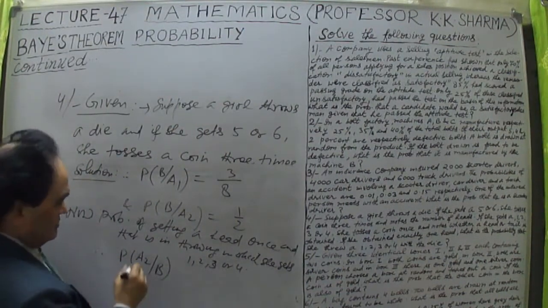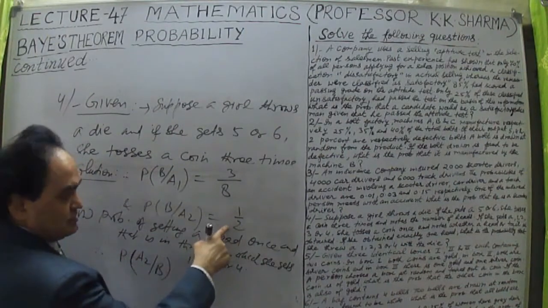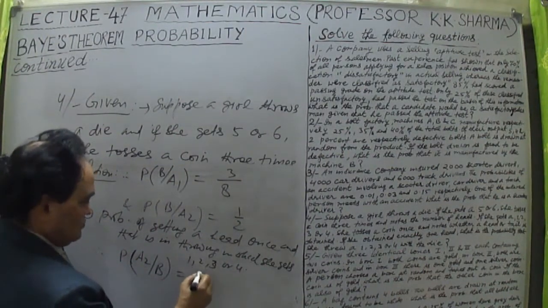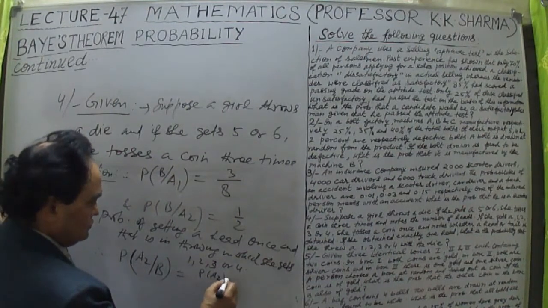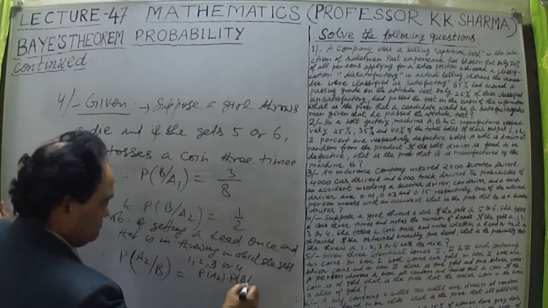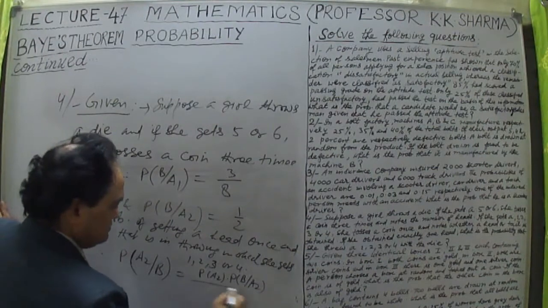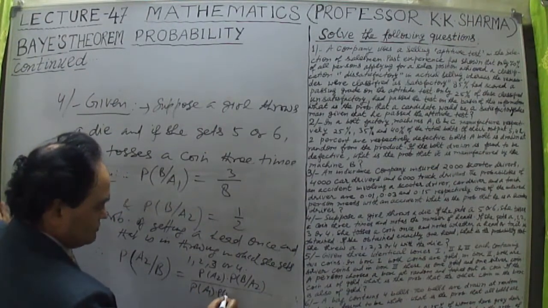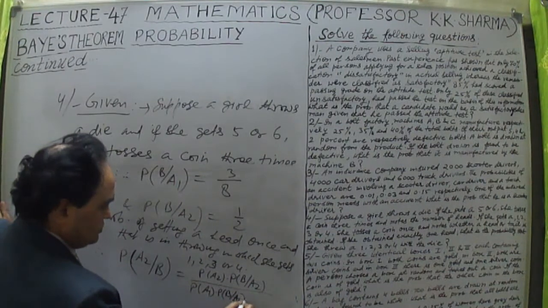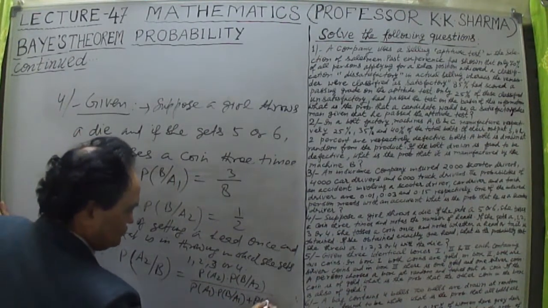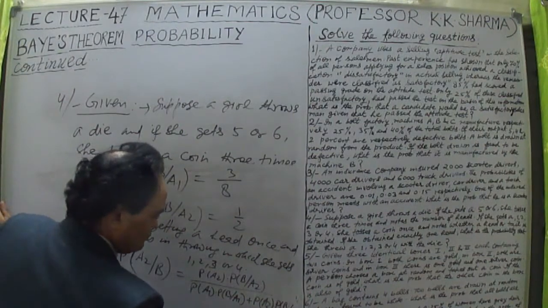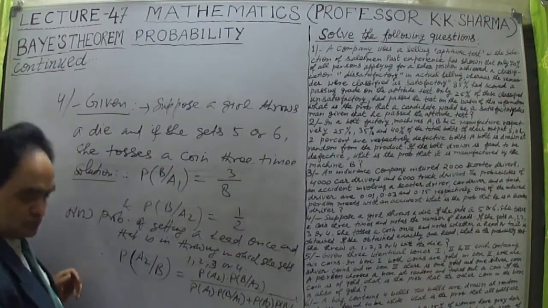Try to understand. In the second case, we are tossing a coin once only. So this is the probability of A2 into probability of B given A2, divided by probability of A1 into probability of B with respect to A1 plus probability of A2 into probability of B with respect to A2. This we have to substitute here.